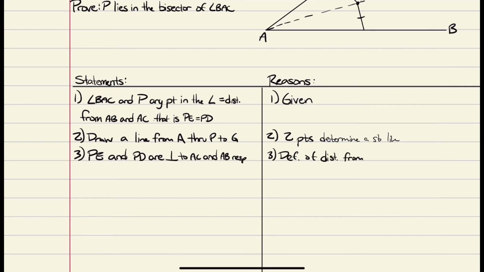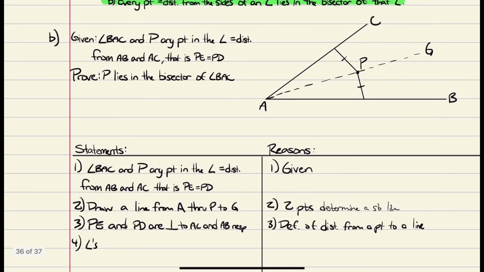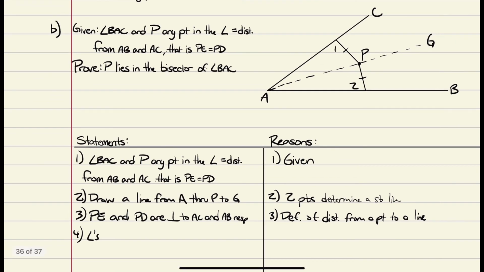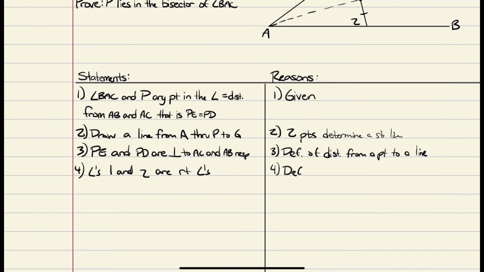Number 4, we can say angles, and actually I'm going to label these here. I can say angle 1, angle 2. I can say angles 1 and 2 are right angles. Number 4 here, the reason, definition of perpendicular lines. Number 5, AP is equal to AP. Identity.